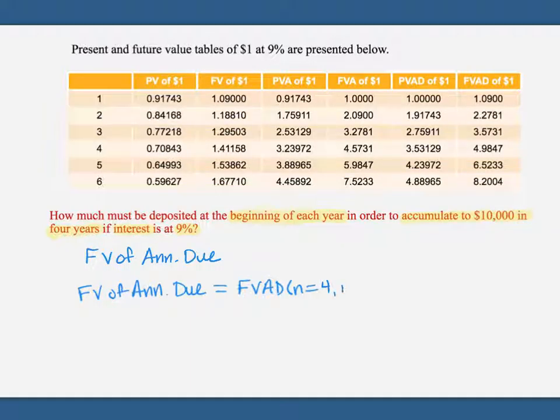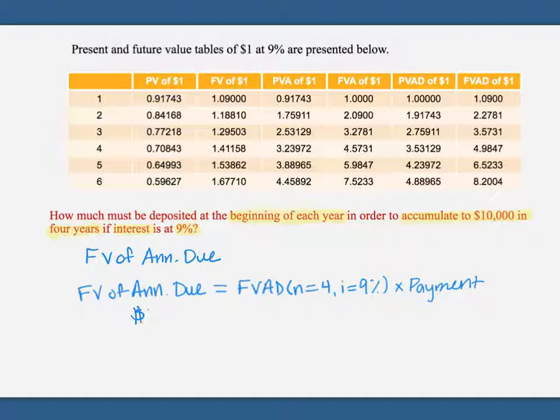And the interest is again 9%. And we multiply that by the payment amount. So the payment is what we're looking for. We want to know what our deposit or payment needs to be at the beginning of each year to get to this $10,000. So we need to know what these future payment amounts are so we can get to this $10,000. So we can fill in our numbers.